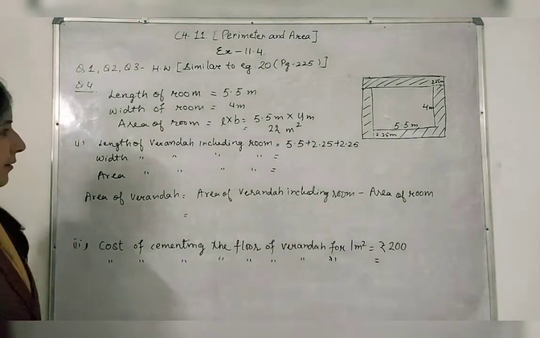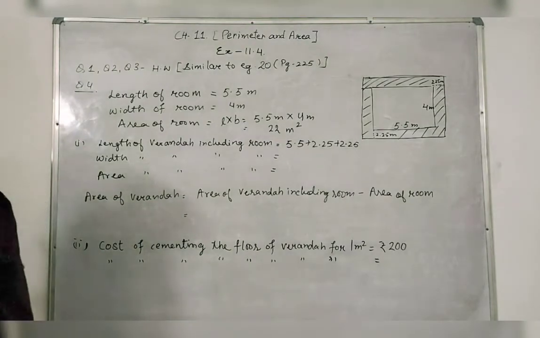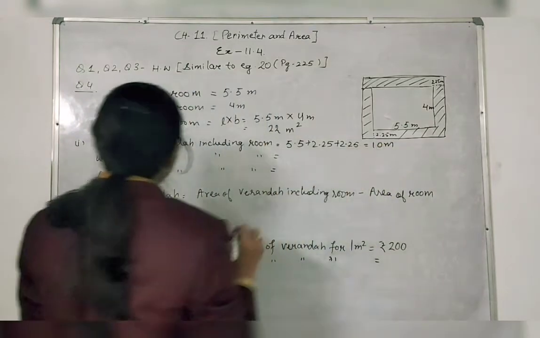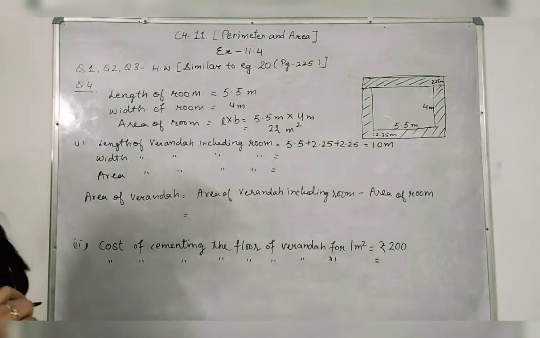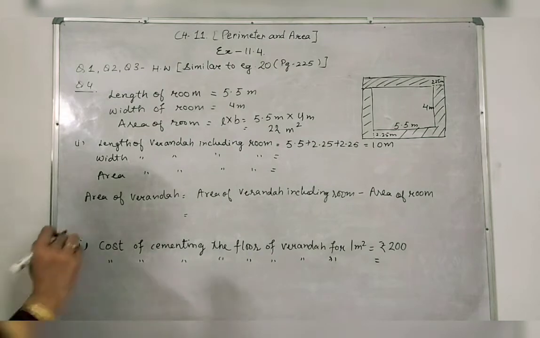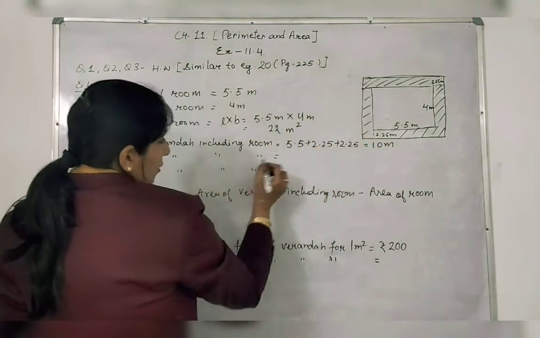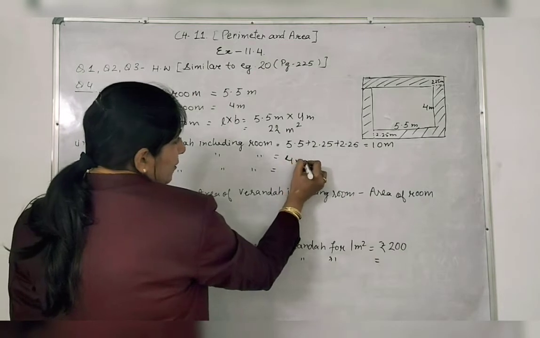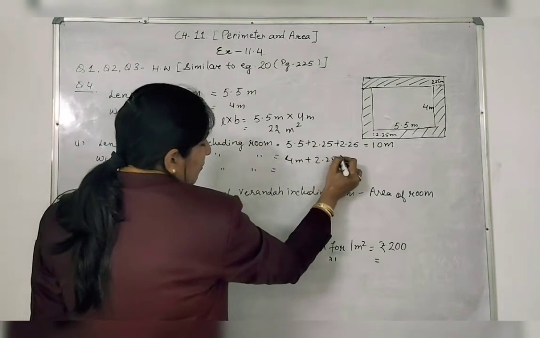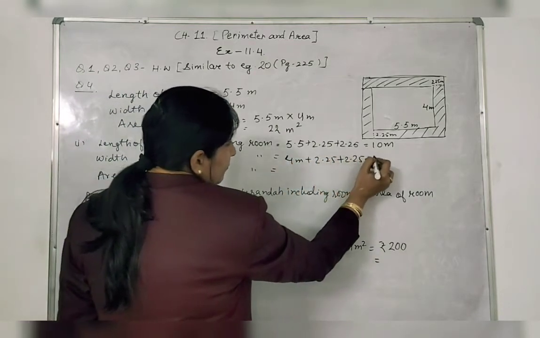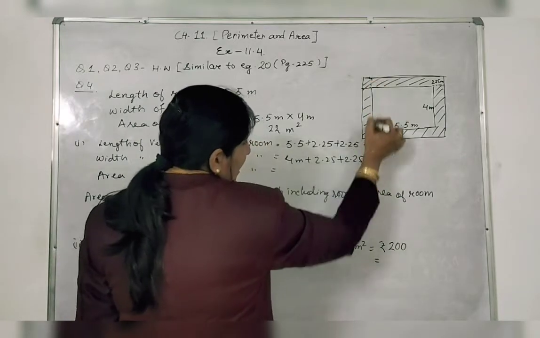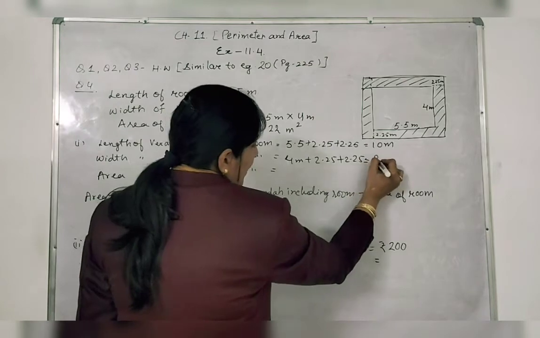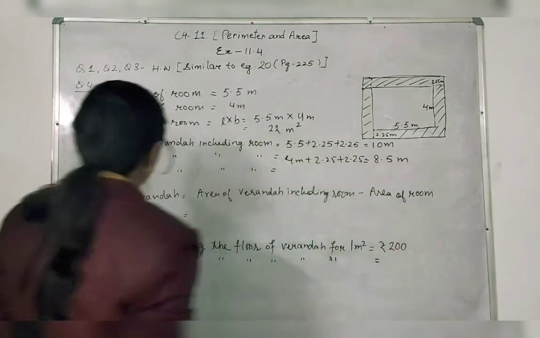After adding, the result is 10 meters. So the length of the veranda including room becomes 10 meters. Now the breadth of the veranda including room is 4 meter plus 2.25 meter plus 2.25, because we need to add this to get the complete breadth. After solving we get 8.5 meters.